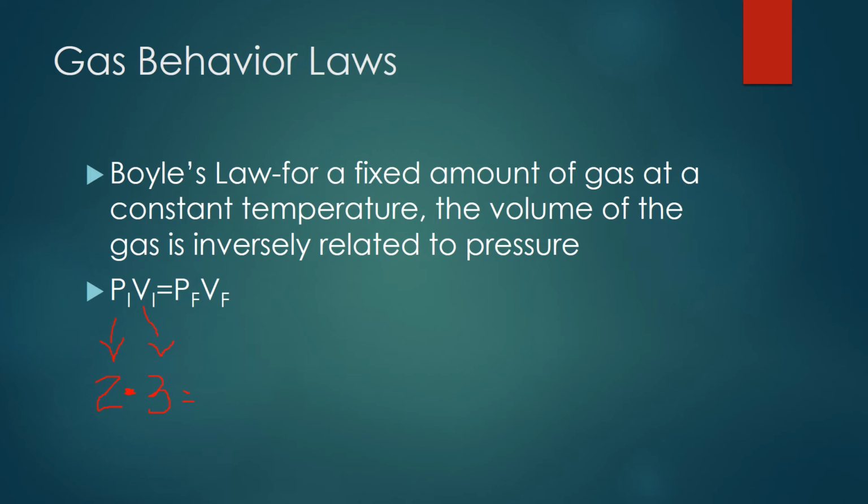So we know that our final pressure is 6, times, that's supposed to be a multiply sign, but we still do not know the volume. So I'm going to write VF for final volume. So we want to know what the volume of our gas is after there's been a change.